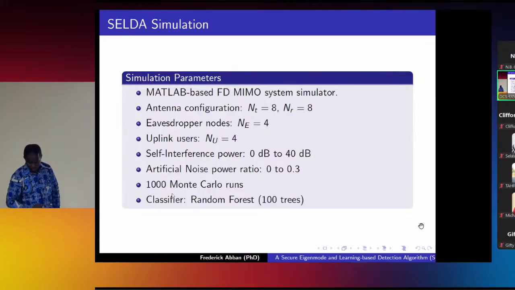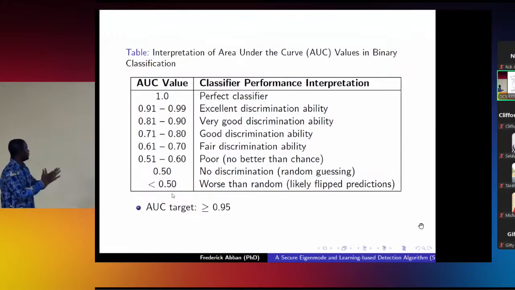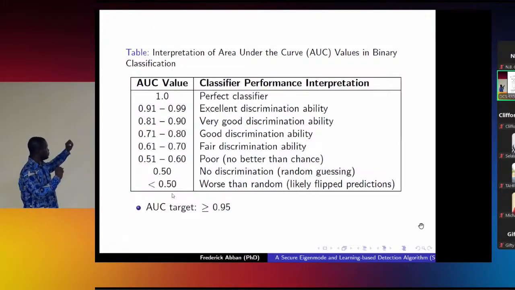Now, let us go to this. For interpreting our result, this is the table that explains the various outputs and what they mean. If we get 1.0, it means it's a perfect classifier. Between 0.91 and 0.99, it's excellent discrimination ability, which is what we're actually looking for.